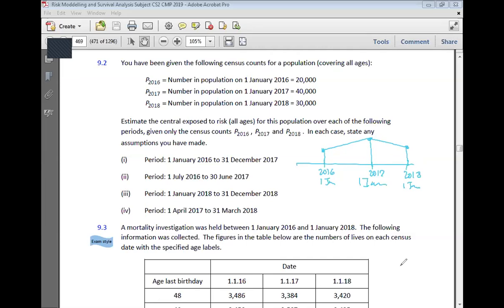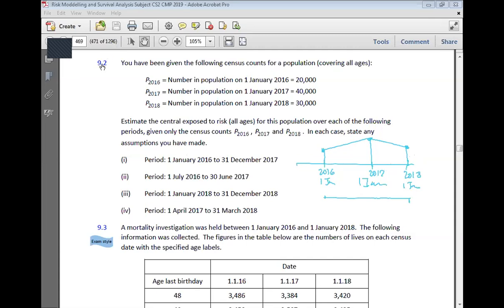A very nice tent. Yeah, so if I want to figure out things from 1 January 2016, which is from here till 31st December 2017, which is till here, right? So basically what I'm going to do is just take a half of this and a half for this interval, right? So I will create some rectangle here in half, I will create another rectangle here in half and try to add up those.